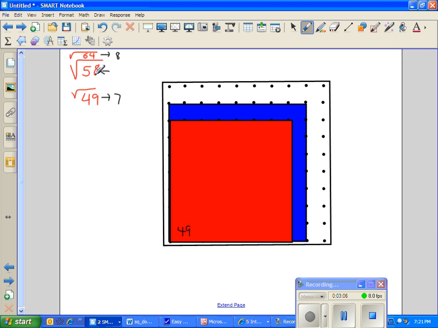We know that if I build that square of 58, it's going to fall in between here somewhere because it's bigger than the square that's 49, but it's going to be smaller than the blue square that's 64. That means its side length is somewhere in the 7s.